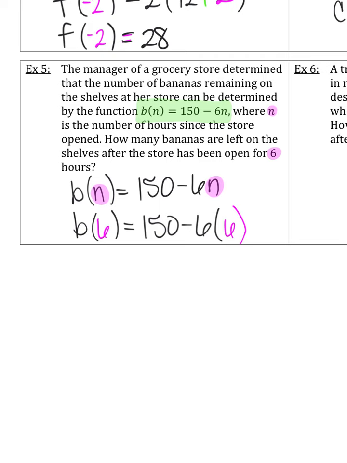So in your Desmos, I want you to put 150 minus 6 times 6. That will give you exactly how many bananas you sell when the store is open for 6 hours. I'm going to pause so that you can do that for yourself.